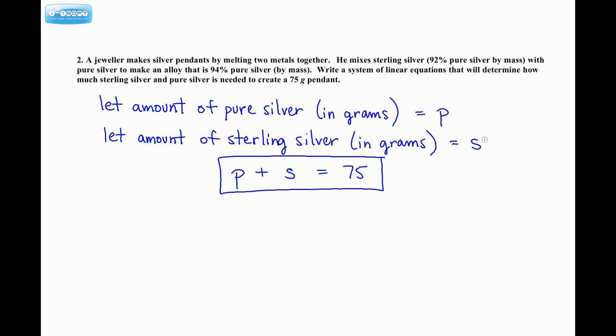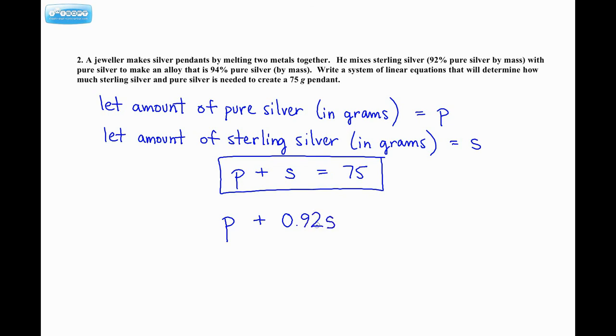But we know in S, whatever S is, 92% of that is pure. So to find that, you just multiply S by 0.92. So the amount of pure silver from P is just P, plus the amount of pure silver in the sterling silver, well, that's just 92% of whatever S is.